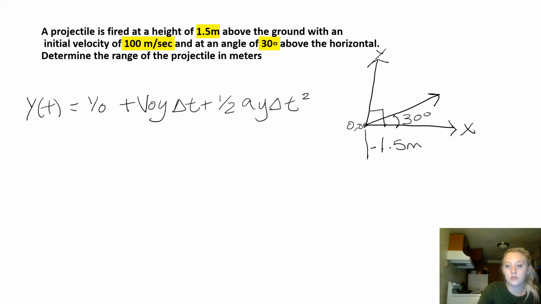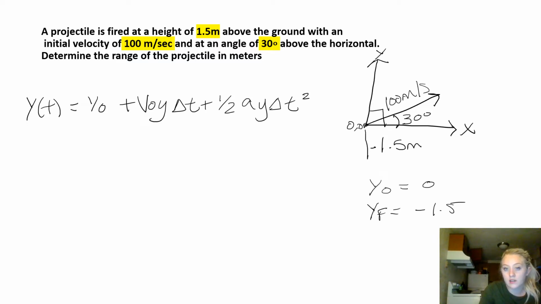So we know that y initial equals 0 based on our coordinate system that we set. And then y final is going to be negative 1.5. And our v initial is going to be the 100 meters per second multiplied by cosine of 30 for the x and sine of 30 for the y.